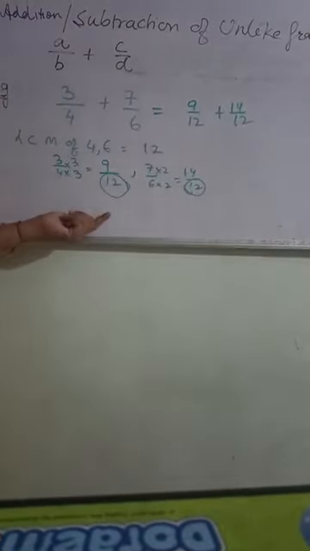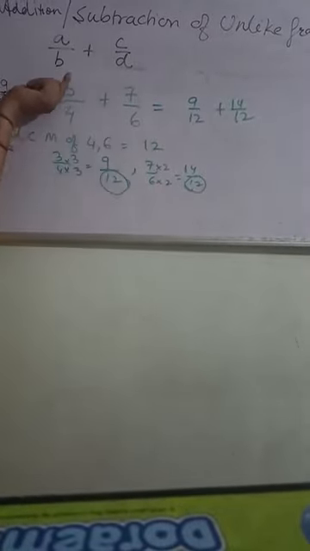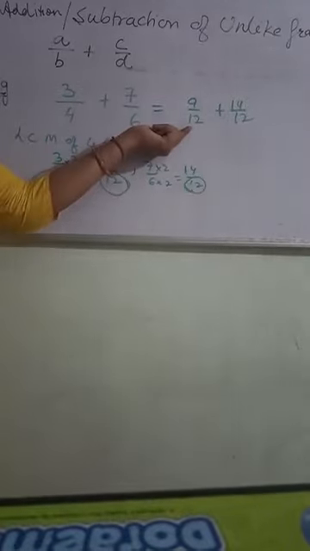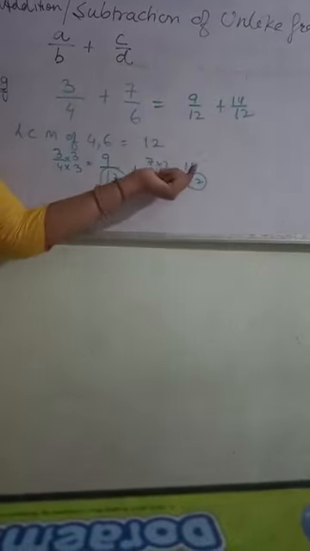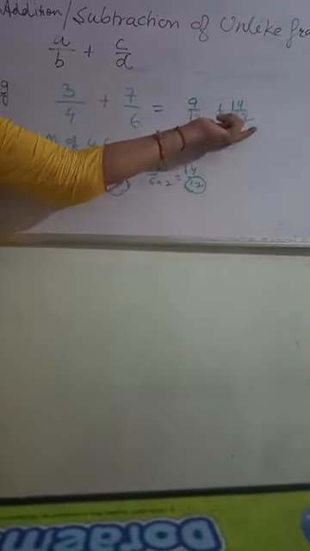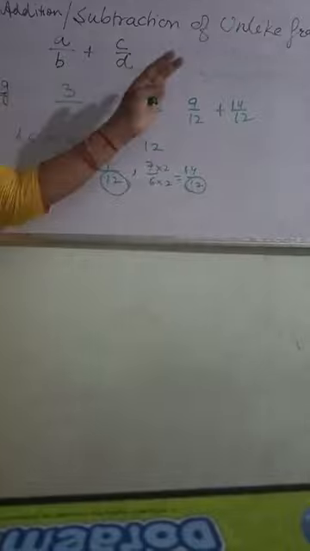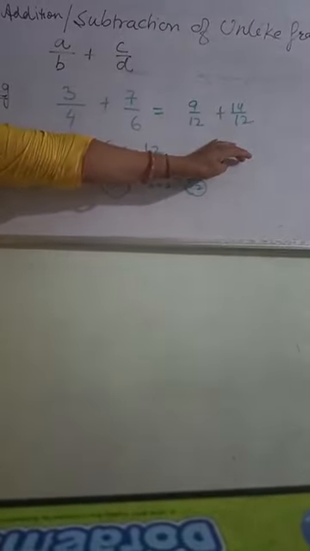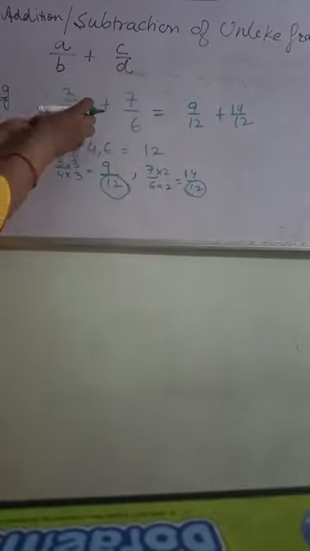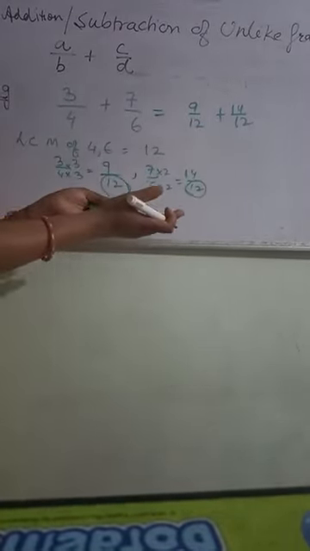Getting the concept? 3 by 4 is equivalent to 9 by 12. That's why, instead of 3 by 4, I have written 9 by 12. And 7 by 6 is equivalent to 14 by 12. So instead of 7 by 6, I have written 14 by 12. I am just replacing 3 by 4 with 9 by 12, and 7 by 6 with 14 by 12. I replaced it with what is equal to it. That's it.